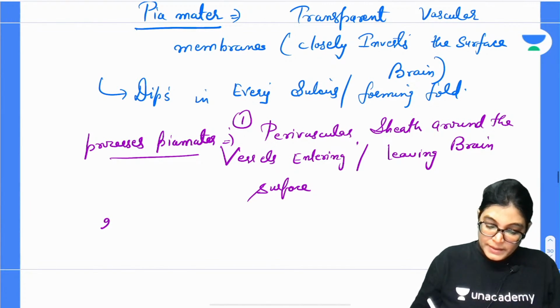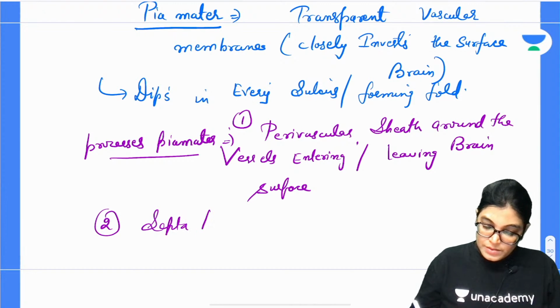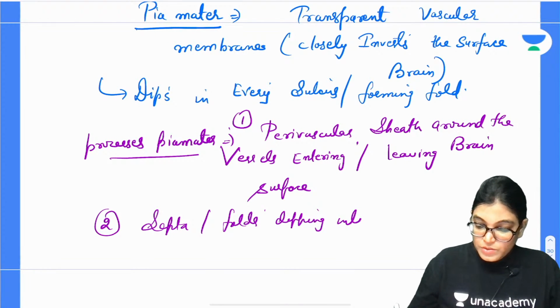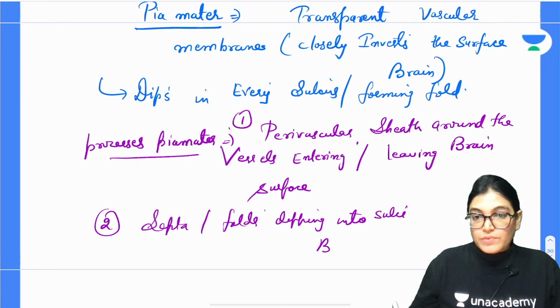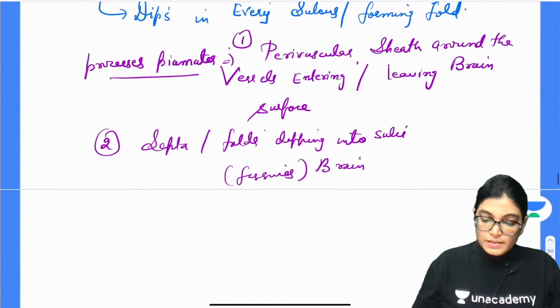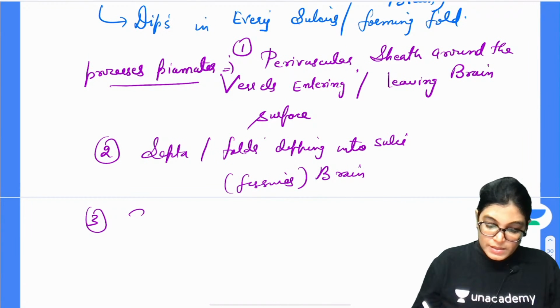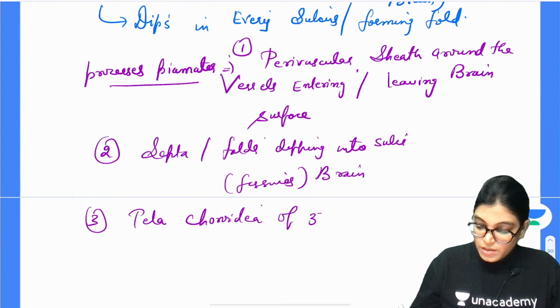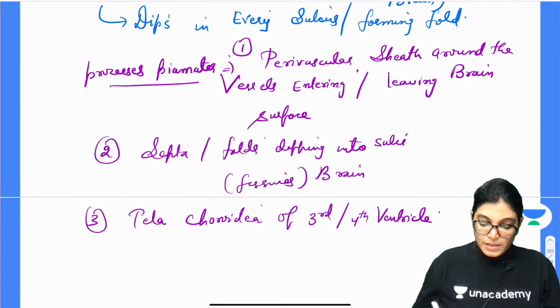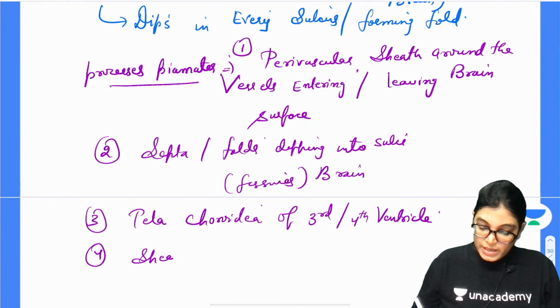It also forms septa and folds, dipping into the sulci and fissures of the brain. It also forms a double fold of pia mater called the tela choroidea of the third and fourth ventricle. It also forms a sheath around the cranial nerves.